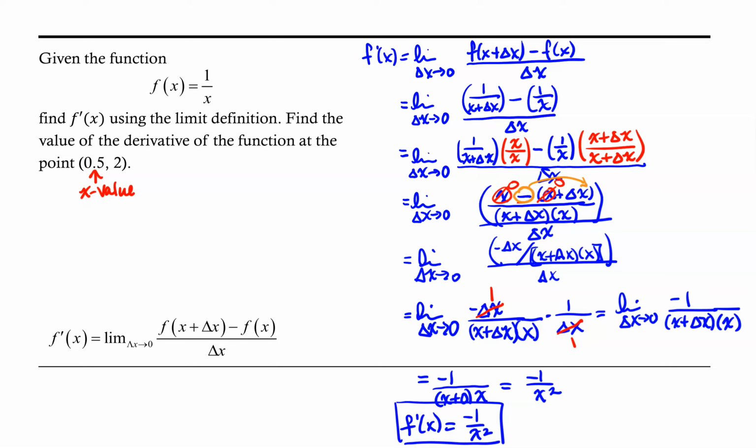So we would get f prime at 0.5 is equal to negative 1 over 0.5 squared. If I square 0.5, or 1/2, I get 1/4. And so negative 1 divided by 1/4 is negative 4.